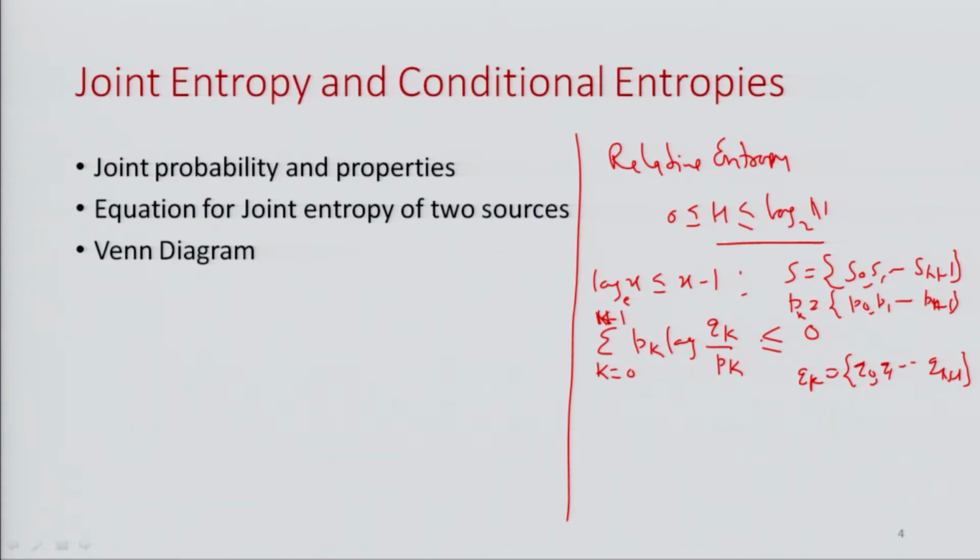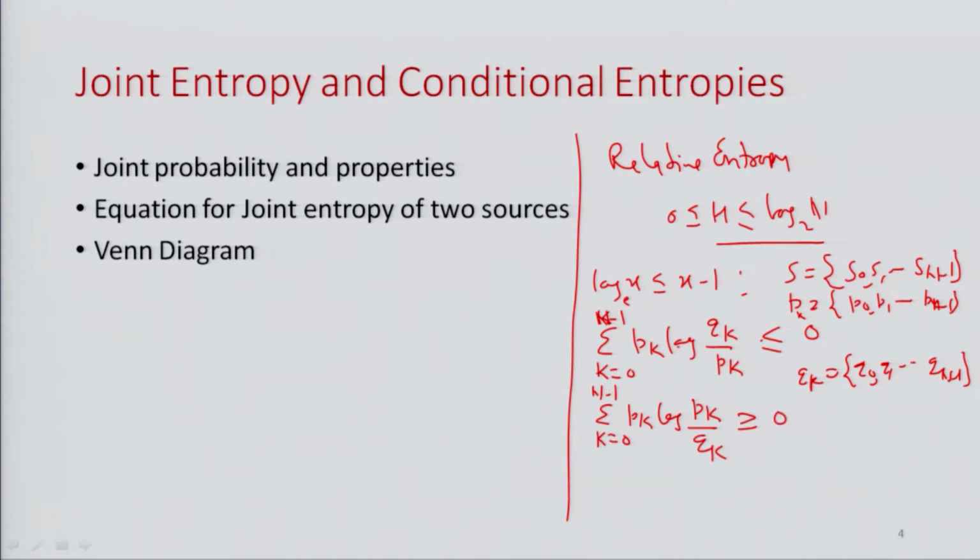Now, if we take this quantity as the summation k equal to 0 to n minus 1 of p k log base 2 p k upon q k, then because the earlier quantity is less than or equal to 0, a negative quantity, this becomes a positive quantity.